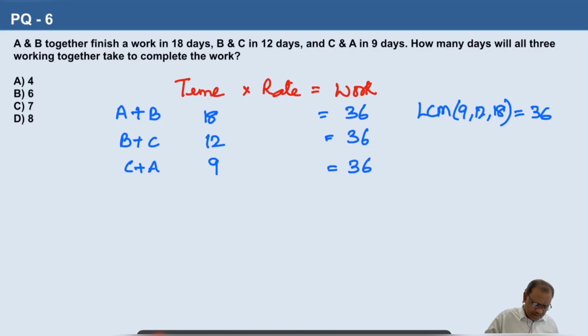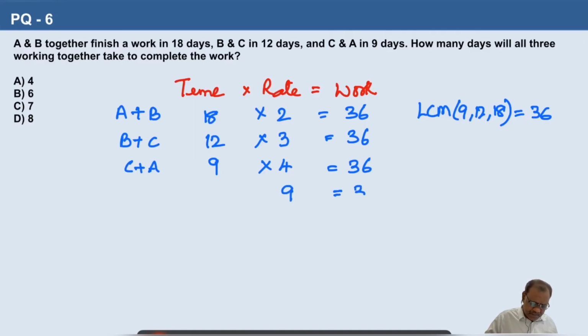So 36 is divisible by 18 2 times, divisible by 12 3 times, divisible by 9 4 times. So if you combine 2, 3 and 4, you will get 2 plus 3 is 5, 5 plus 4 is 9.